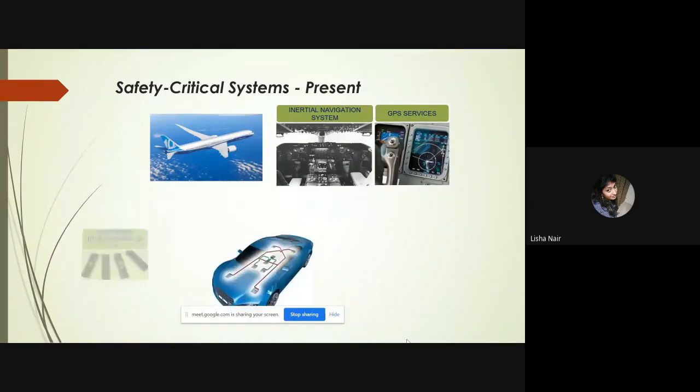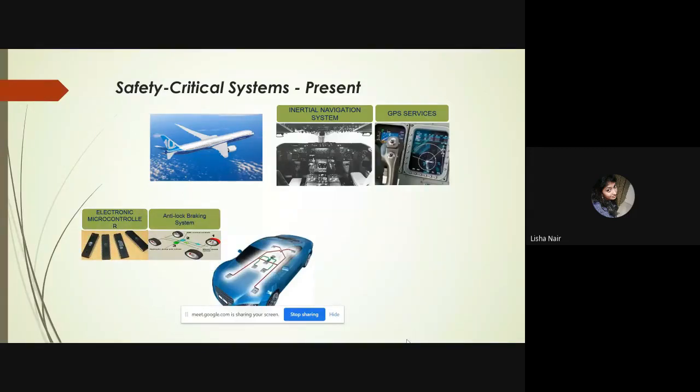Then in automobiles, we have embedded electronic microcontrollers, even in the anti-lock braking system. This is also an embedded system introduced in the automobile industry. Then the electronic stability control, mainly for steering control. I believe whoever is driving an automobile would know about cruise technology and all this.